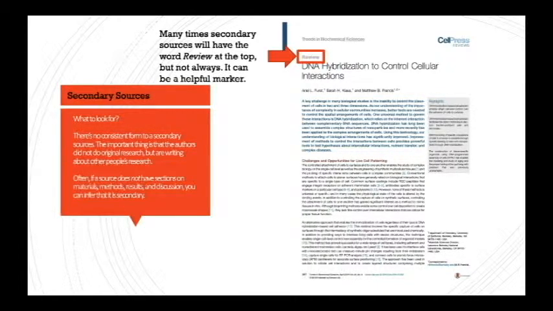Sometimes, as in the case of this article, it has review at the top, and that can be a helpful marker that this is a review article. Another helpful way is that if a source does not contain the sections on materials, methods, results, and discussion, you can infer that it's not a primary source and must be a secondary source. So you could look at it that way.